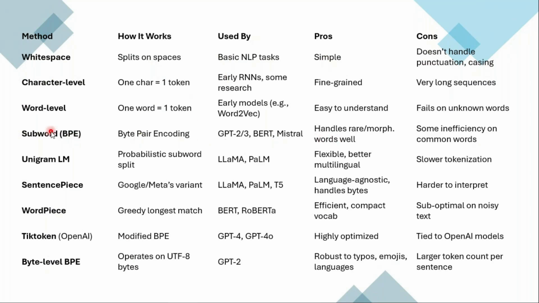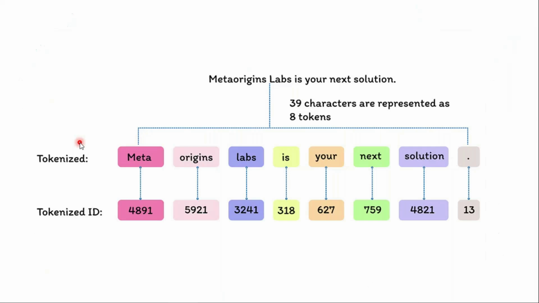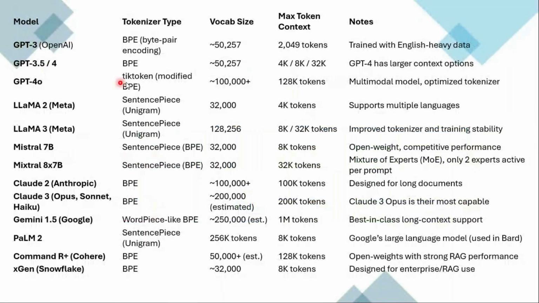What we have discussed is that inside GPT-3 and GPT-3.5, BPE is the scheme utilized, and because of that the vocab size is almost 50K. We have different context lengths based upon the algorithm.